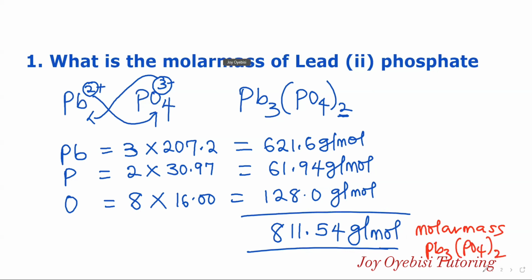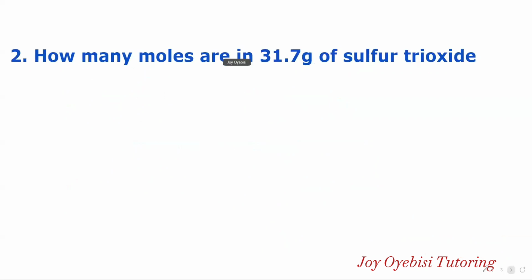Okay. Now the next question I have here says, how many moles are in 31.7 grams of sulfur trioxide? Now sulfur trioxide is SO3. Again, in order to solve mole to mass and mass to mole problems, we need this formula, which I'm going to show you.